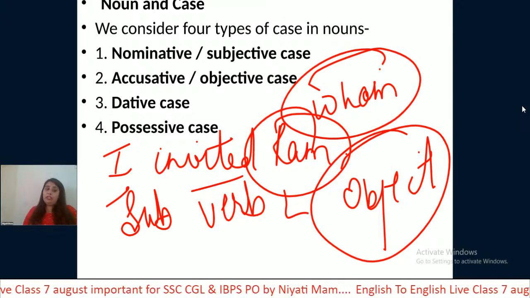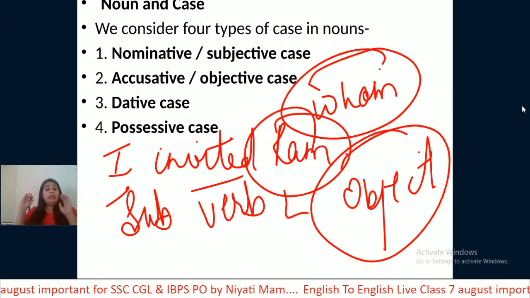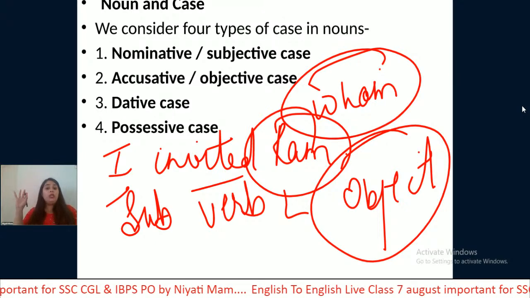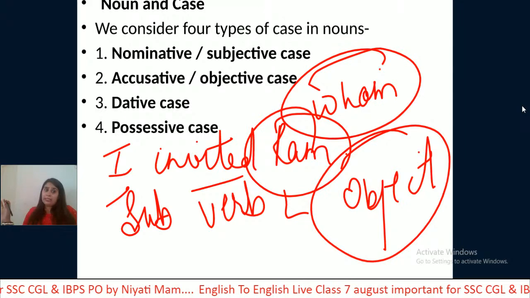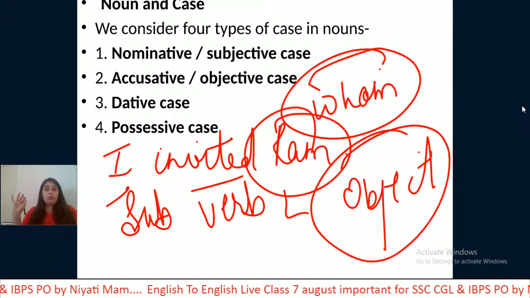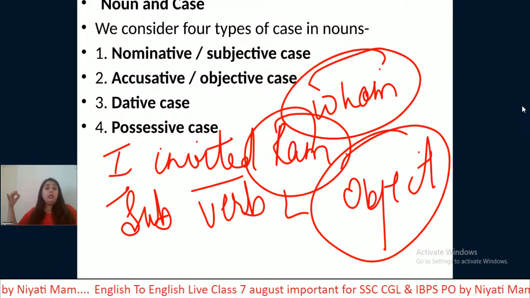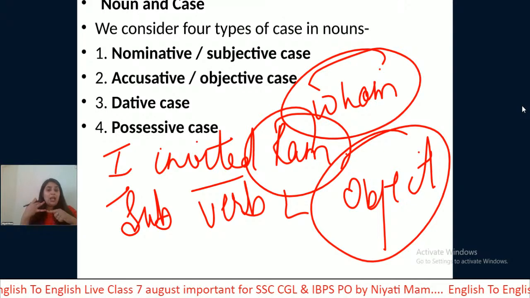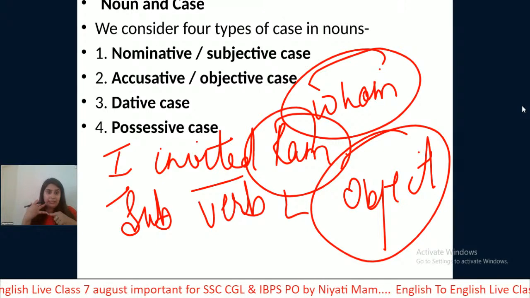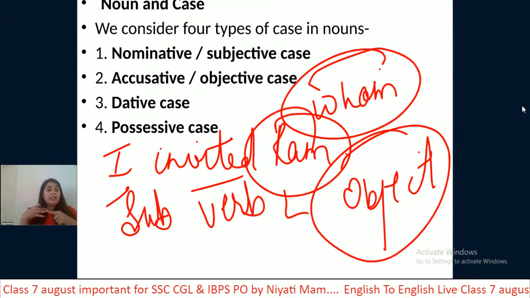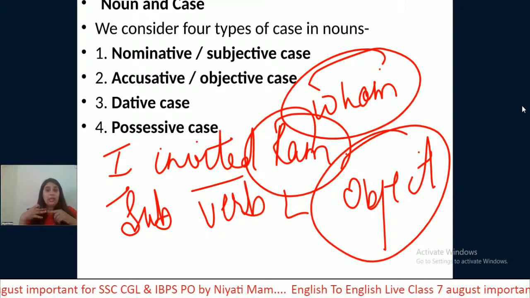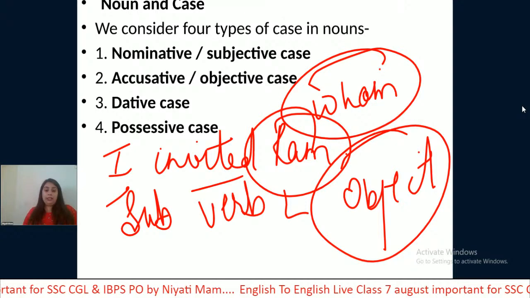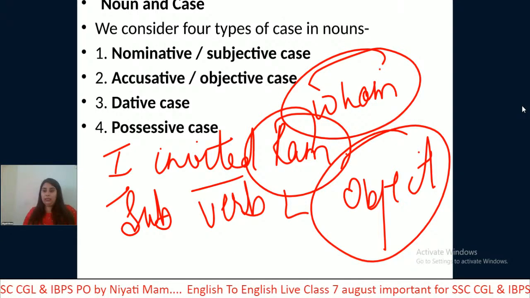And Ram is the name of a specific person. So, in this sentence, your noun is working as an object. This is what the accusative or objective case defines. The objective case says a noun can work as an object in the sentence. The subjective case says a noun can work as the subject in a sentence. Is it clear to everyone?